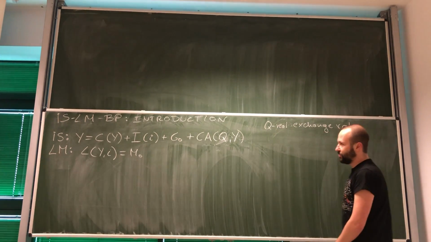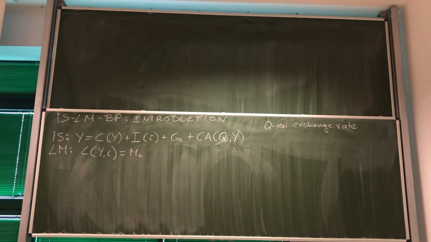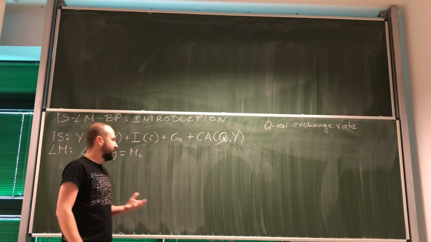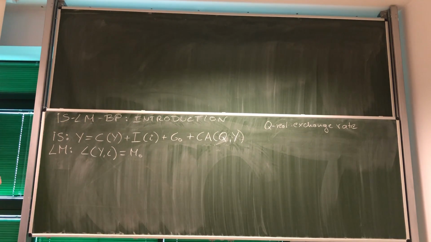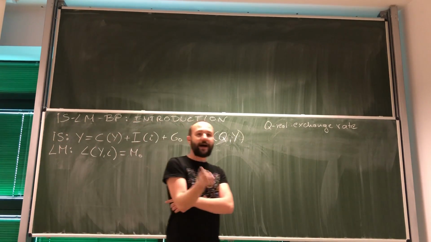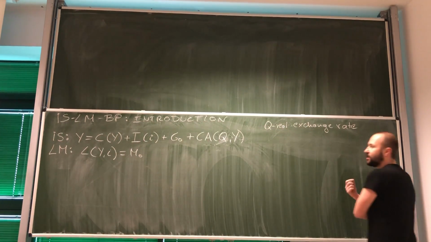But we need to add a third equation. The third equation gives us equilibrium in the exchange rate market. So this is an equation that is going to reflect demand and supply for our currency.